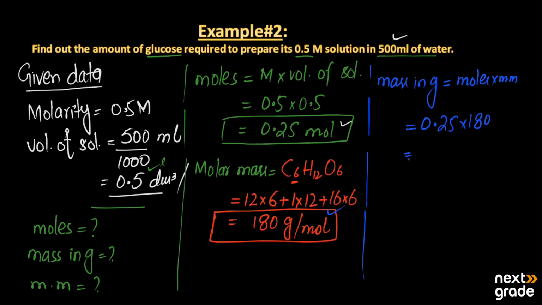By multiplying 0.25 with 180, we have 45 grams. So 45 grams of glucose is needed to prepare 0.5 molar solution in 500 ml of water.